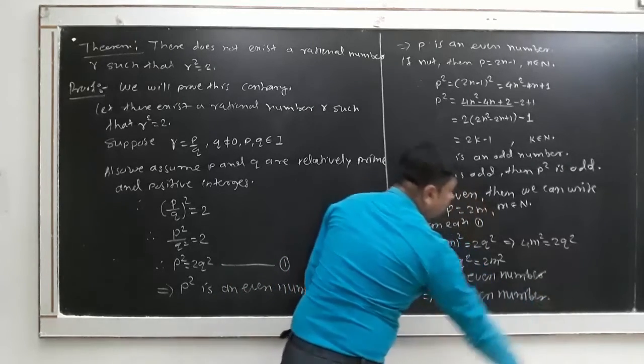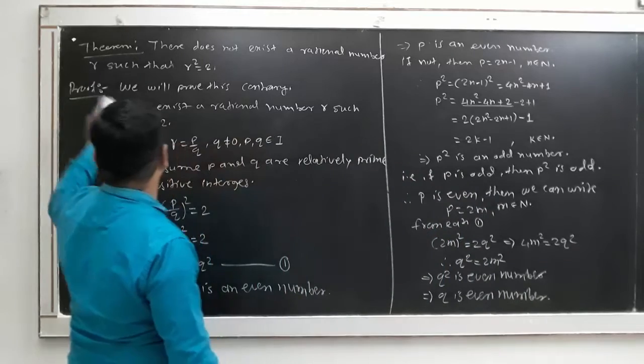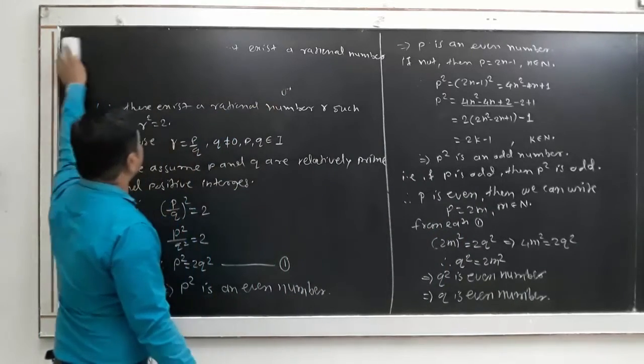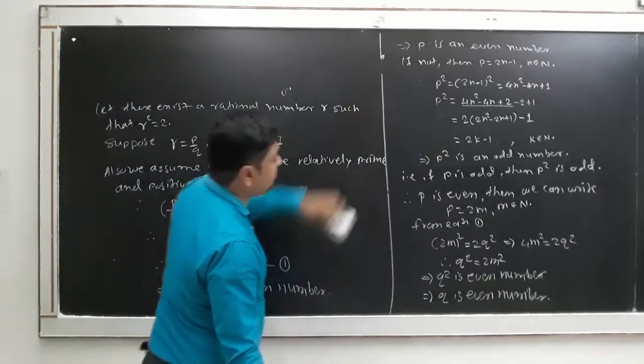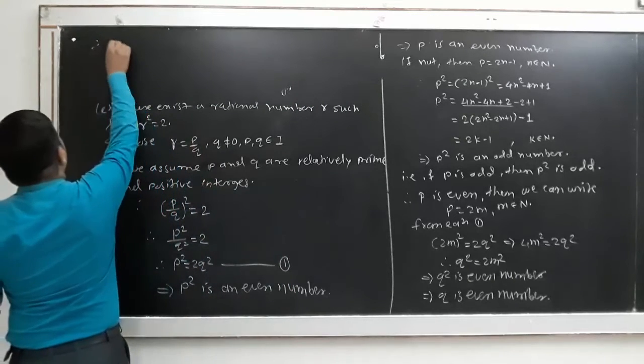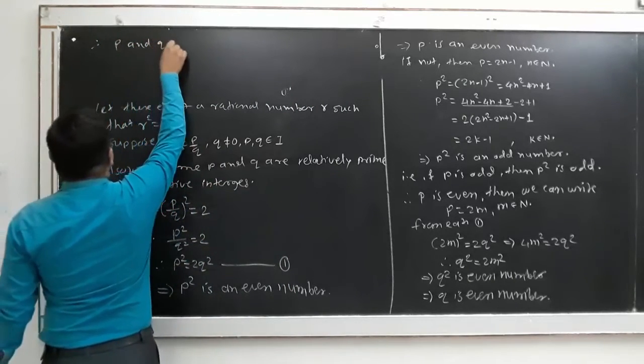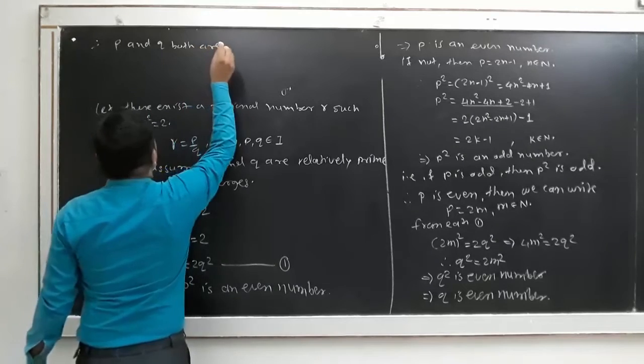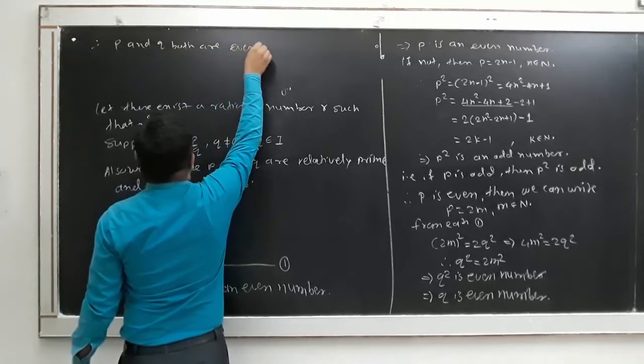Q is even and P is even. Therefore P and Q are both even numbers.